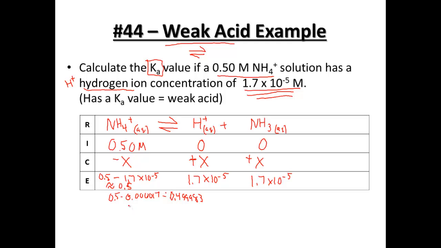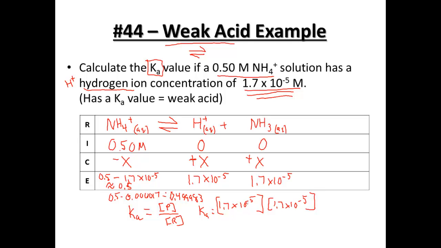So now what we're going to do is look at our Ka, which is going to be the concentration of the products divided by the concentration of the reactants. For our products, we've got 1.7 times 10 to the negative fifth times 1.7 times 10 to the negative fifth. You could also square this if you wanted.